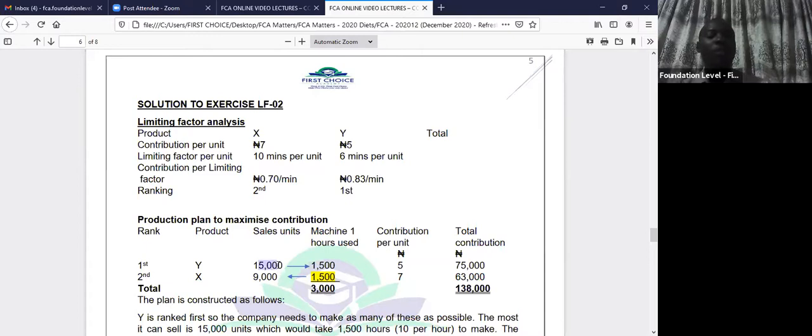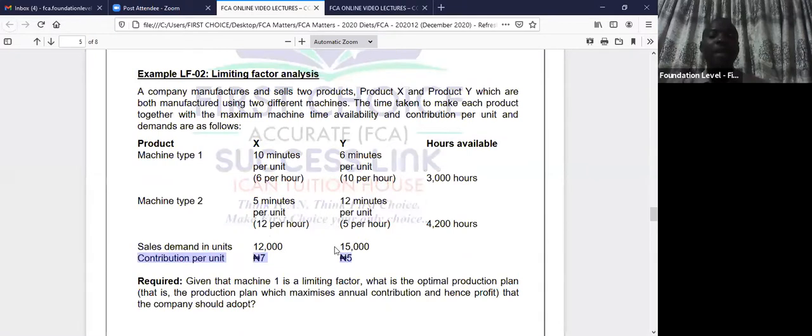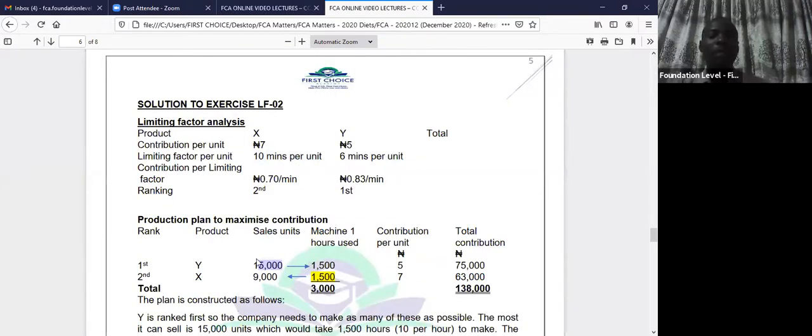Look at your sales demand for product Y. We were told that sales demand for product Y is 15,000 units. Now, how many hours can go in 15,000 units? We said 10 minutes for 1 unit. So if 10 minutes is used for 1 unit, how many units can go in 1 hour?